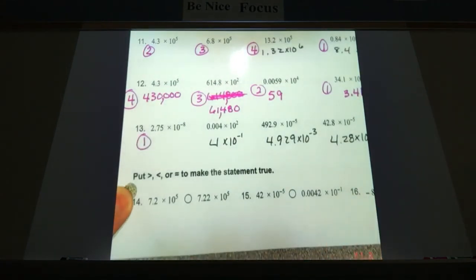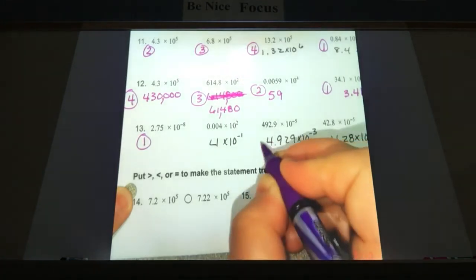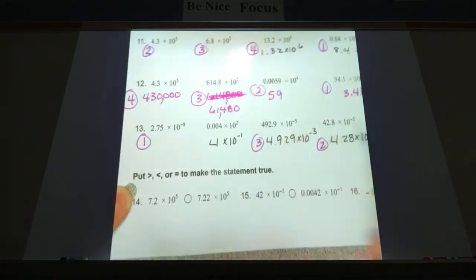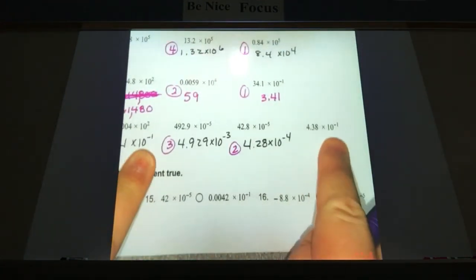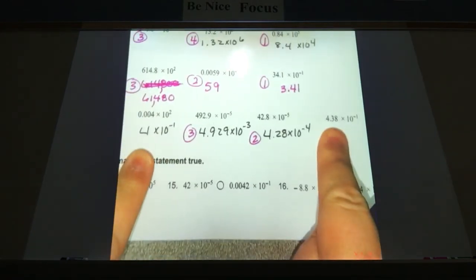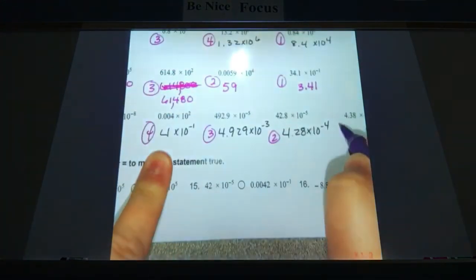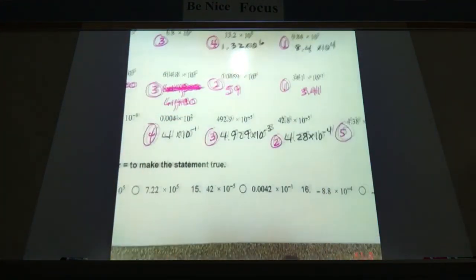The next one is the -4. The next one is the -3. These both have -1s, so I have to look at the coefficients. This coefficient is smaller. That means this is our biggest number.